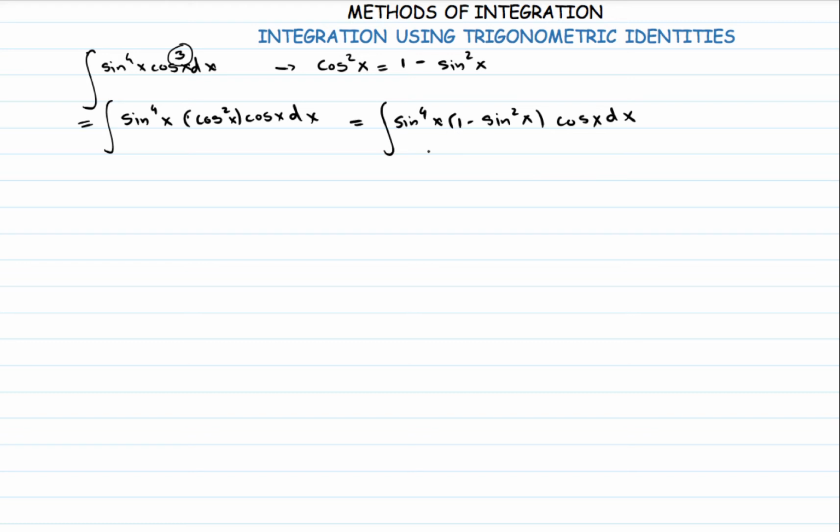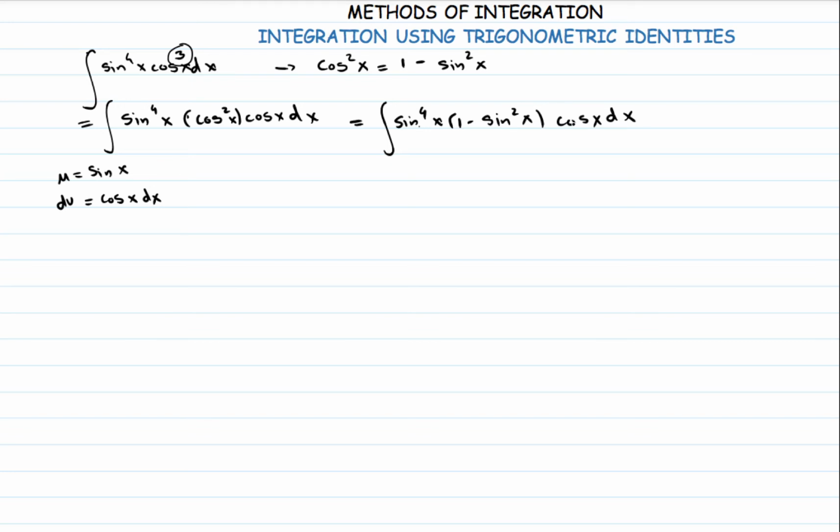Now we want to continue with this. In this case, we can use our substitution u du. If we take sine of x as u, the derivative of sine is cosine, so we have cos of x dx here. So u is equal to sine of x, which means that du is equal to cosine of x dx.